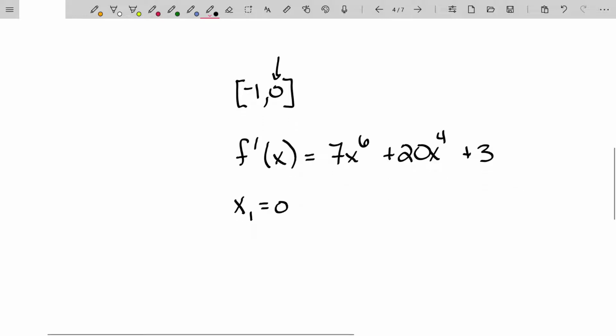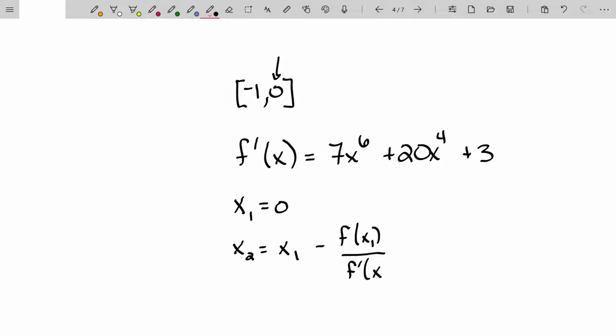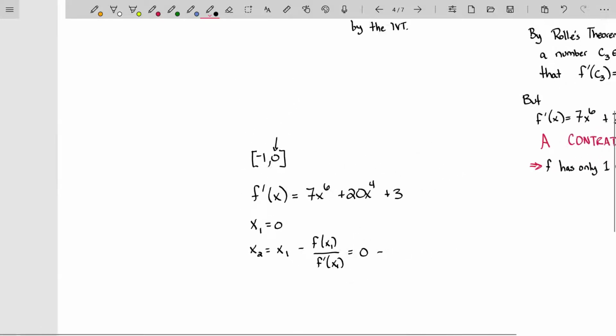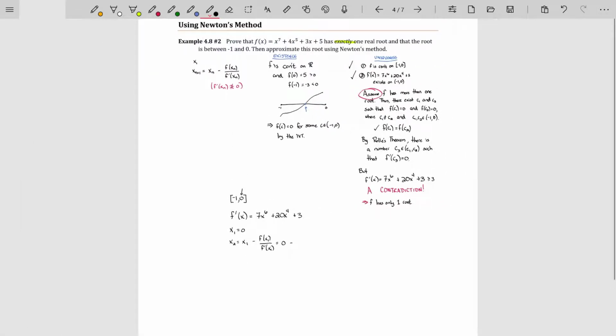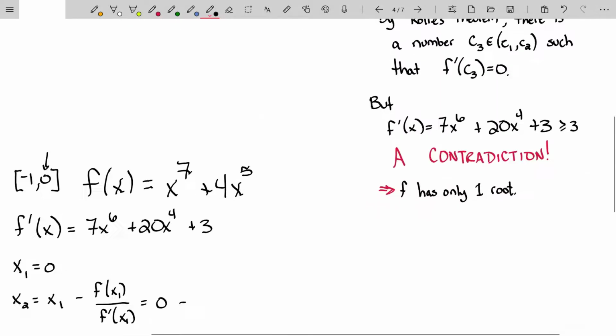And then we can compute x sub 2 by taking x sub 1, subtracting f at x sub 1, dividing by the derivative at x sub 1, and we would get 0 minus... I need to also write down f so I can have it in front of me. So let me go ahead and write down f as well. f of x is equal to x to the 7th plus 4x to the 5th plus 3x plus 5.